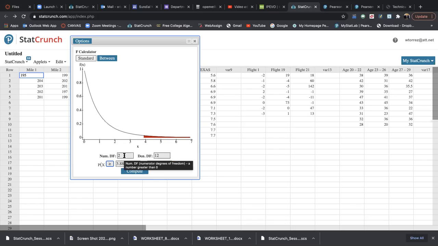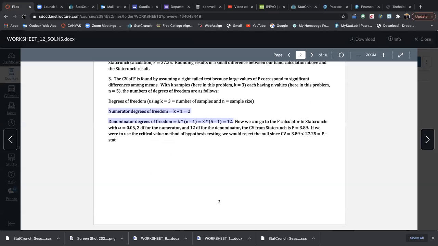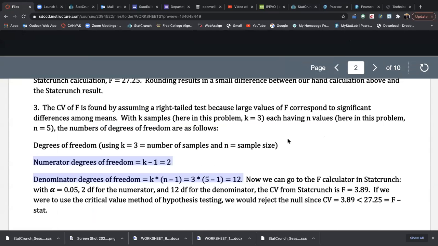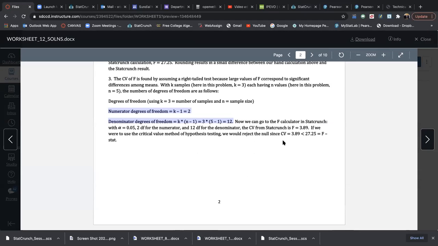All we had to do was set this up, give it the right degrees of freedom for numerator and denominator, set our tail probability to be 0.05, and then calculate our critical value as the probability that the distribution exceeds the critical value is equal to 0.05. Okay? So that means that here we've listed our critical value for 2 and 12 degrees of freedom, and at the 5% significance level, it turns out to be 3.89.